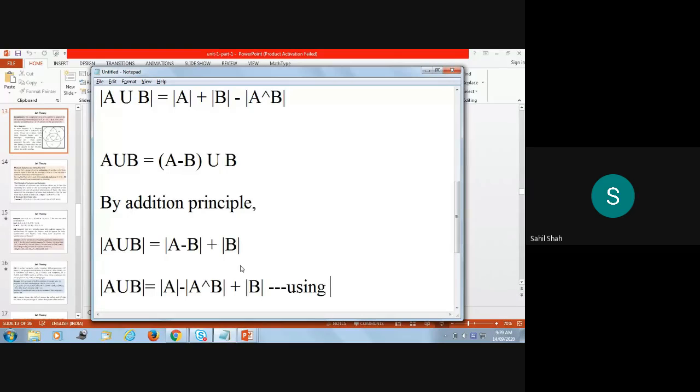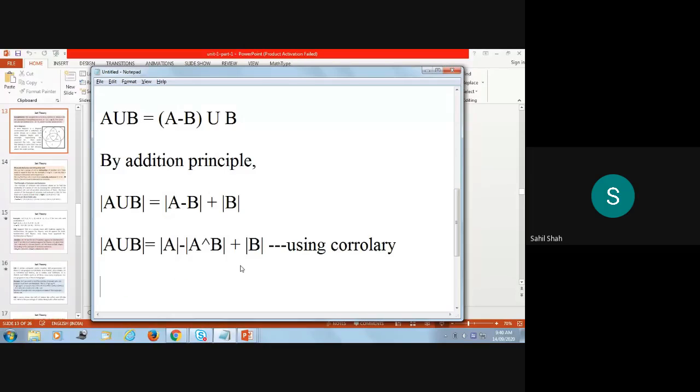Using the corollary. Therefore, what is my answer? Cardinality of A union B is equal to cardinality of A plus cardinality of B minus cardinality of A intersection B.